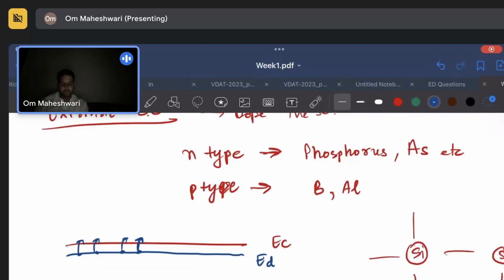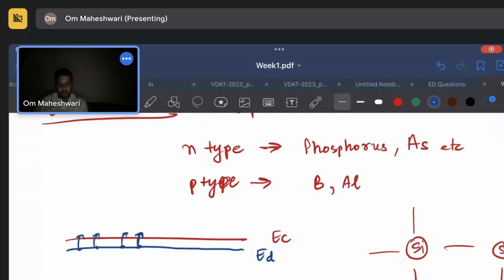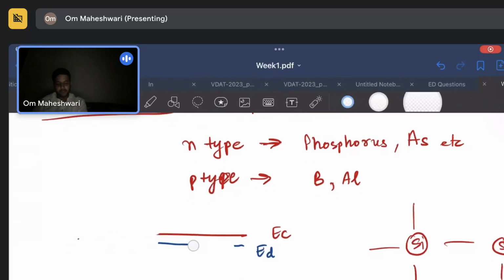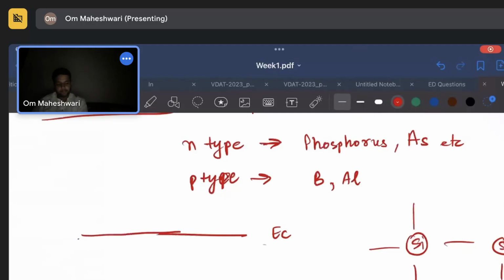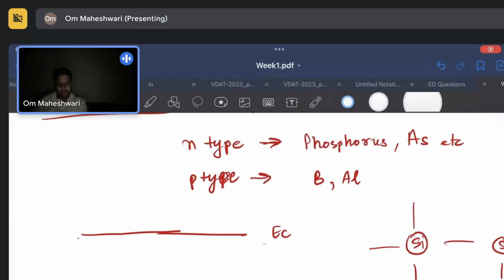So let us say earlier, if there is no ed, then the electron concentration here is the intrinsic equilibrium concentration n0 or ni, and here it is p0.